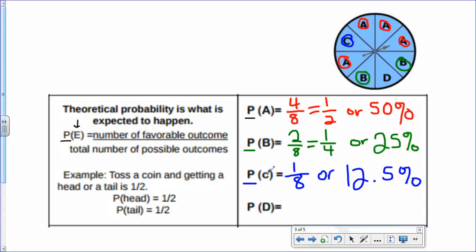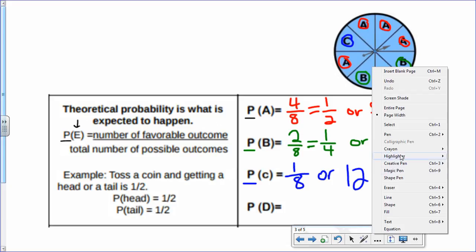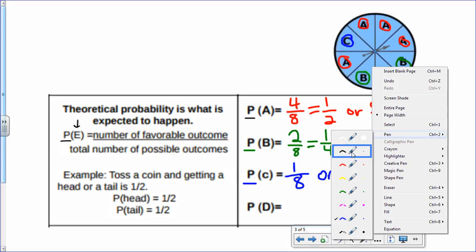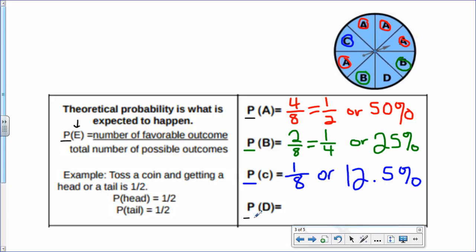So again, getting a C, not as likely as getting an A, still not as likely as getting a B. And then the last letter is D. So the probability of getting a D, there's only 1 D. So our probability is the same as getting a C, which is 1 out of 8, or we can again say 12.5%.